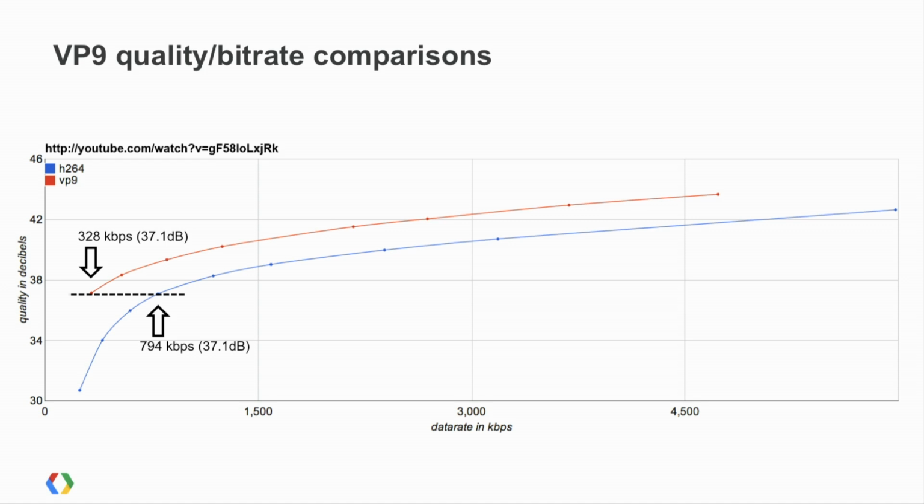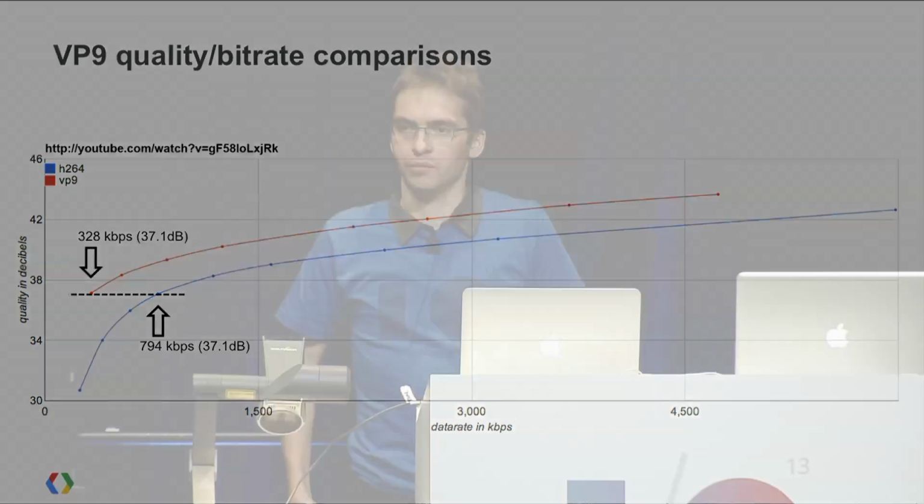The VP9 version takes an average of 328 kilobits a second to reach that quality, and for H.264 you need to go up to essentially 800 kilobits a second to get exactly the same quality. So what that means is, again, the metrics tell us you can get a 2.5 times lower bit rate and effectively get the same quality by using VP9 instead of 264.